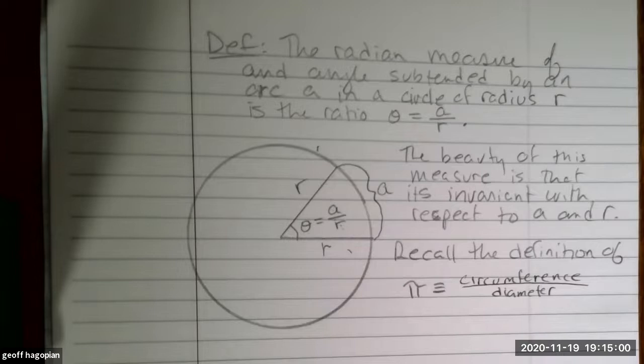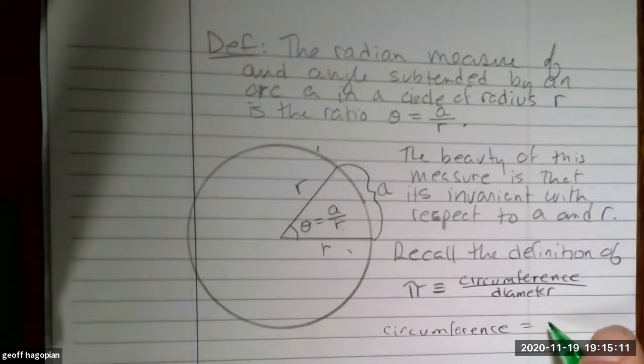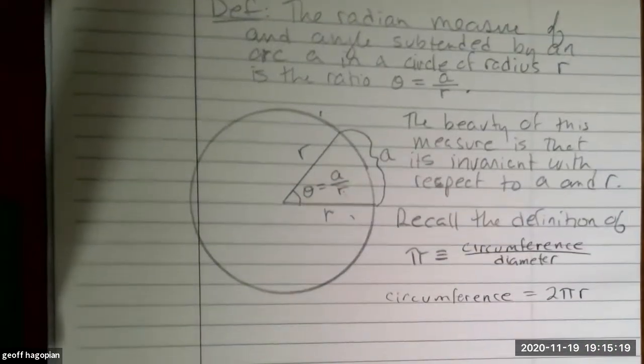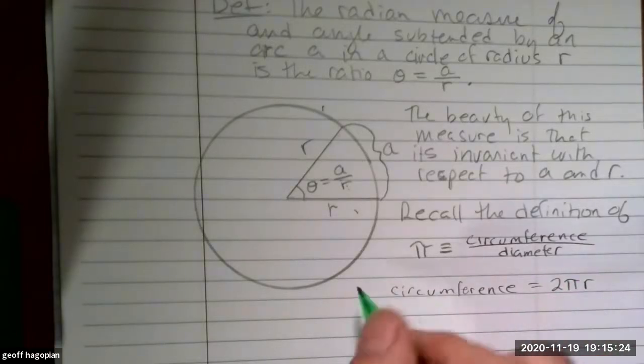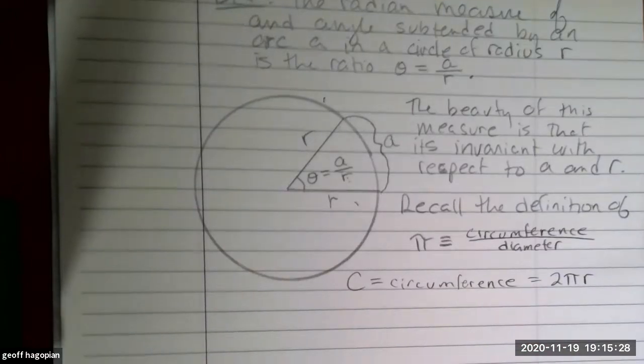Okay. Which means what about the circumference? Well, circumference is then equal to 2 pi r, right? 2 pi r, my lord. Or sometimes we just write c for circumference, right? C is 2 pi r.